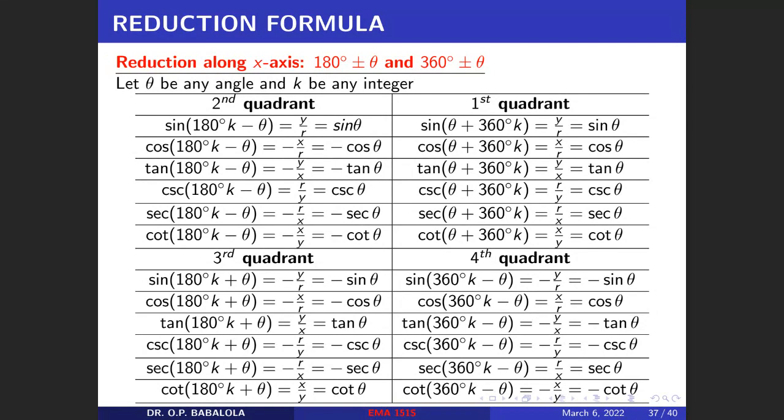So you must include the sign. When you're doing reduction, you consider the sign and the reduced angle. Those are the two things you must write as your final answer. In this case, cos is negative. You must have a negative cos, and then the reduced angle, which is theta. That is along the x-axis. We'll get to an example.